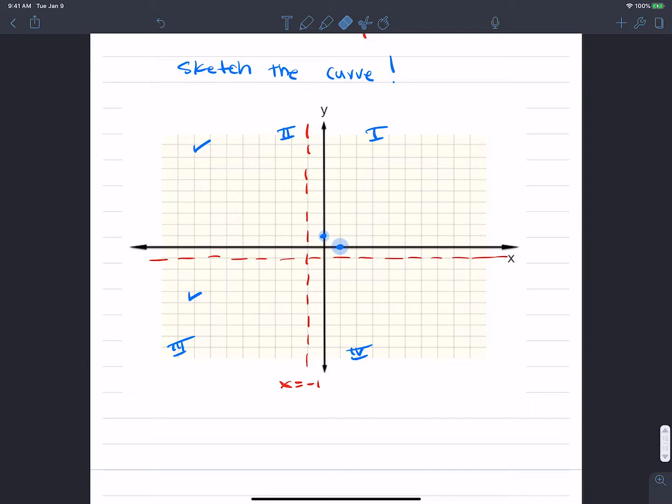Or am I going to be in quadrant 2? How do I decrease forever? Remember, to the left of -1 here, what am I doing? I'm decreasing. And to the right of this, I'm decreasing. So how could that look? Do we know? It's going to be in 1 or 2? How do you think we find out?